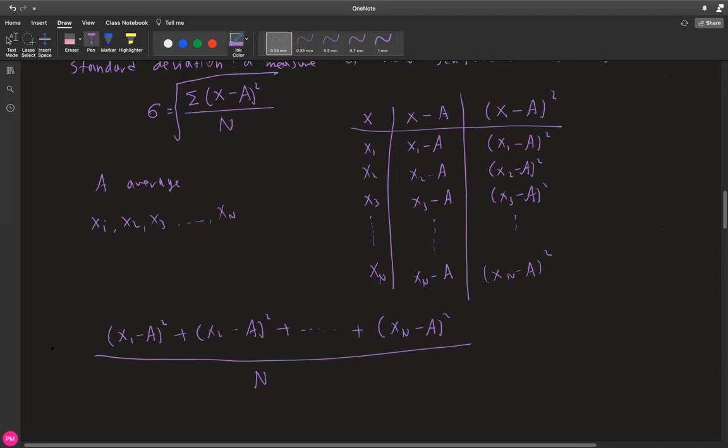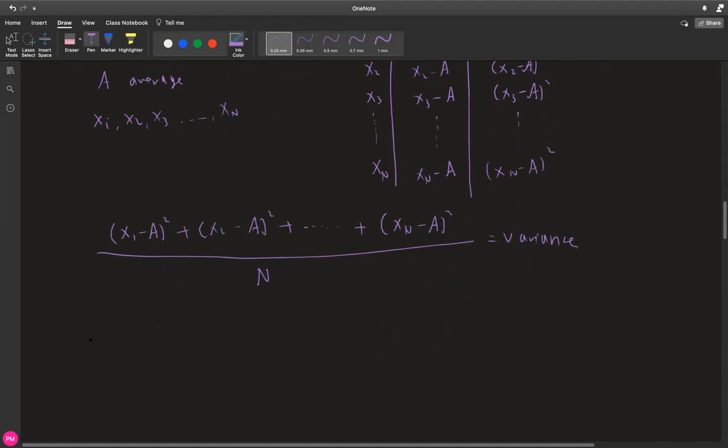And in this case, we call this the variance. And simply now we know that the standard deviation, sigma, is equal to the square root of the variance. Meaning you simply put the square root on both sides, and this is how you find the standard deviation.